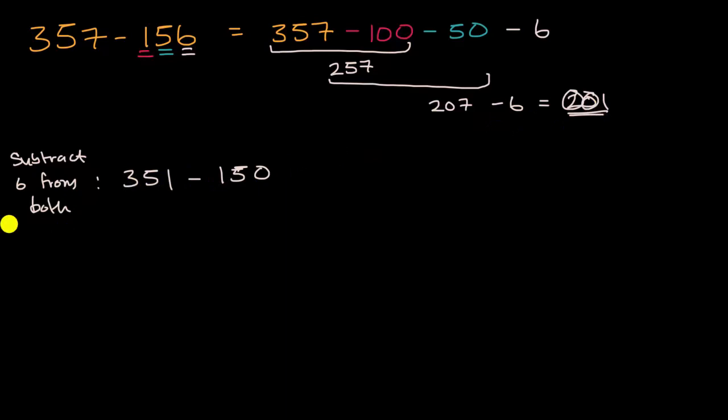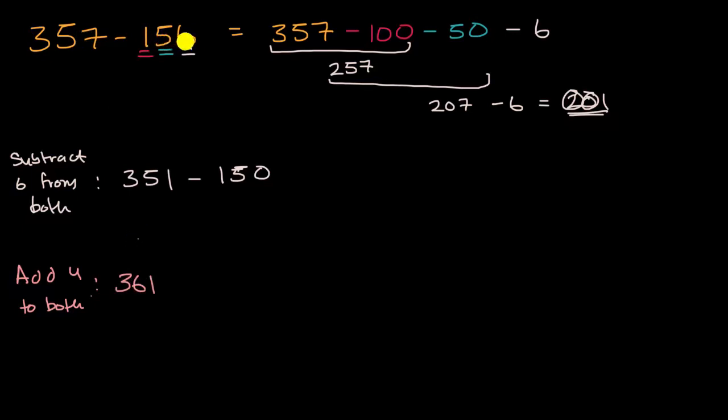Another technique is, instead of going to 150, you might say, well, what if I wanted to subtract 160? In that situation, you could add 4 to both of these numbers. What would happen then? Pause this video and try to figure that out. Well, what's 357 plus 4? 357 plus 3 gets us to 360, plus another one gets us to 361.